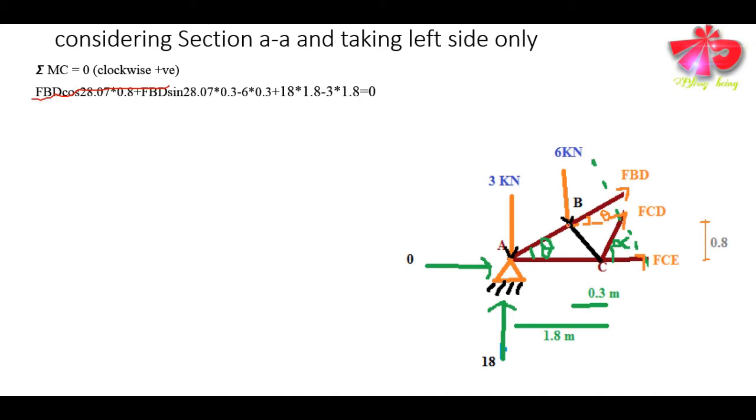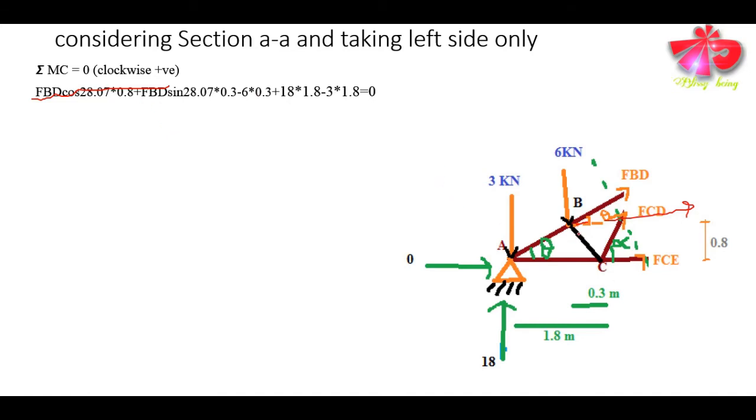This angle has already been computed as 28.07, that is angle theta. So FBD into cos 28.07 into the perpendicular distance. The cos component will be acting this way, so the perpendicular distance will be 0.8, isn't it? So this is again giving us a clockwise moment.